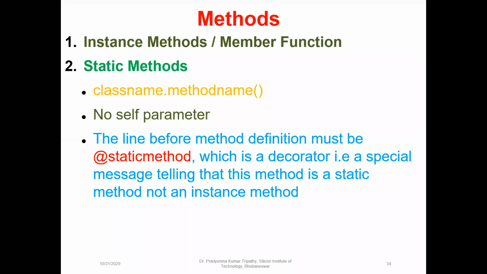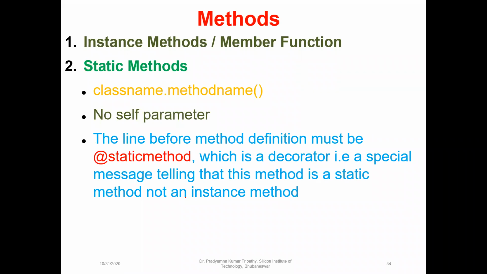Here also we have some static methods, and these static methods are also called by the class name. These methods do not have self as a parameter. As you know, for every member function we pass self as a parameter, but here you do not have a self parameter. Why?